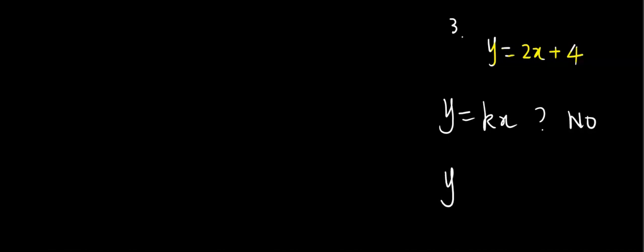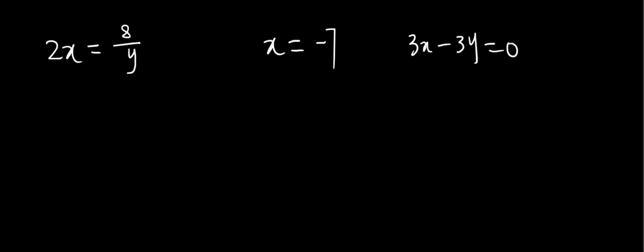No. Can it be written in the form y equals k over x? No. So it is not direct variation, and it is not inverse variation. Then we can simply say it does not represent either direct variation or inverse variation.